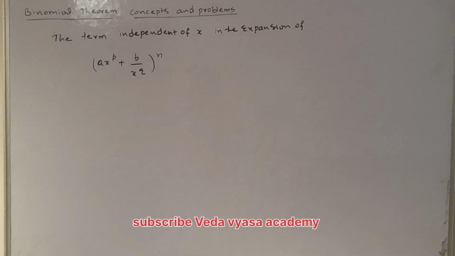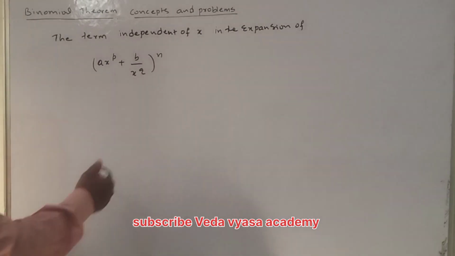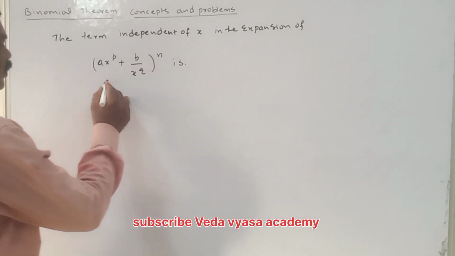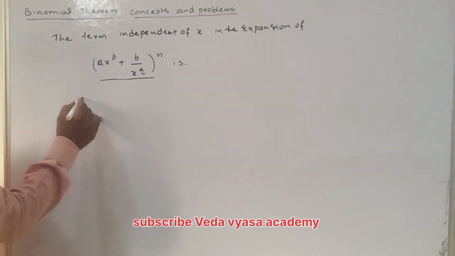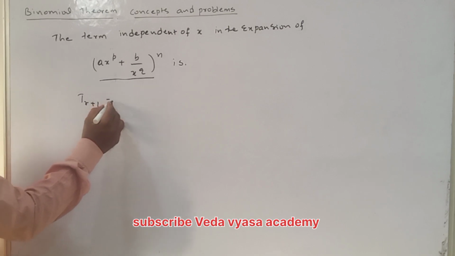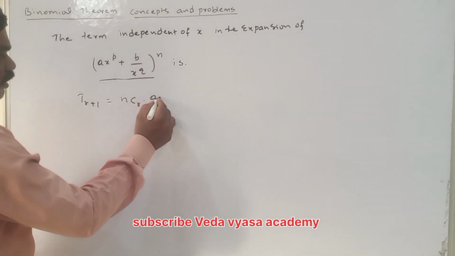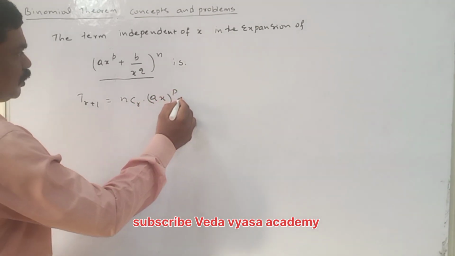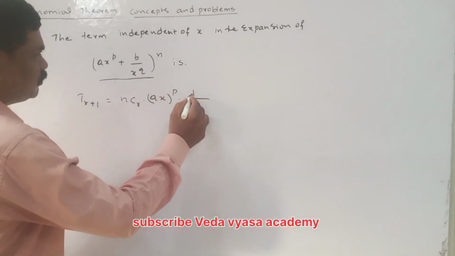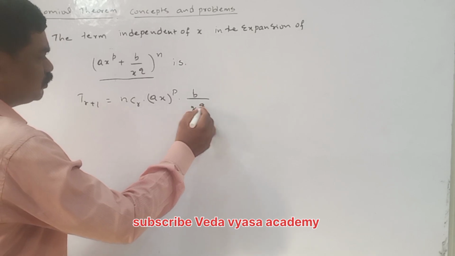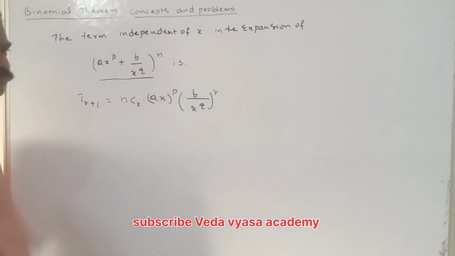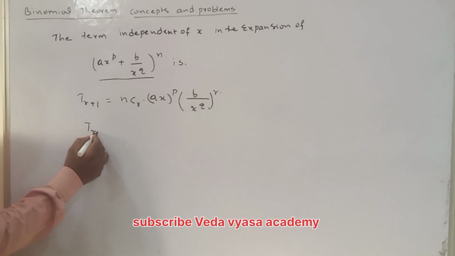The term independent of x in the expansion of (a x^p + b/x^q)^n is. So here in this expansion, the rth term T(r+1) is equal to nCr (a x^p)(b/x^q)^r. Then what is the constant?